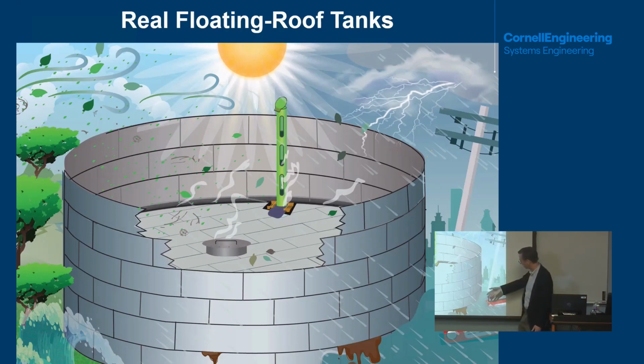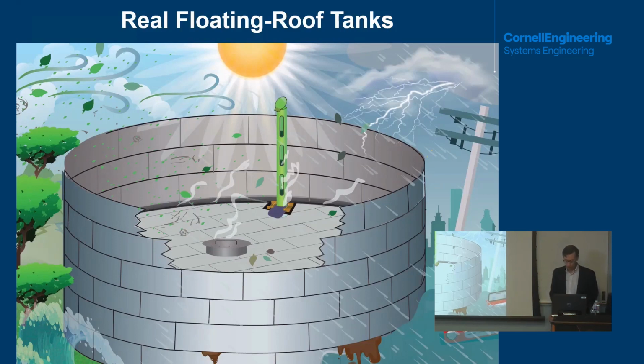You could have a flood. You could have things hit the tank, physical damage. You could have waves of water hitting, and you can have winds. You can imagine if winds come inside the upper part above the roof, they clear out whatever emissions are there and create a larger driving force for more emissions, right?